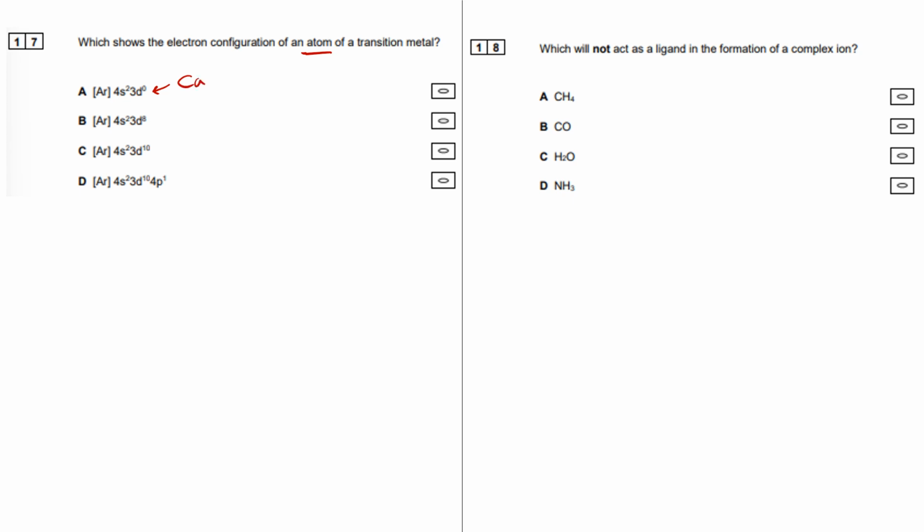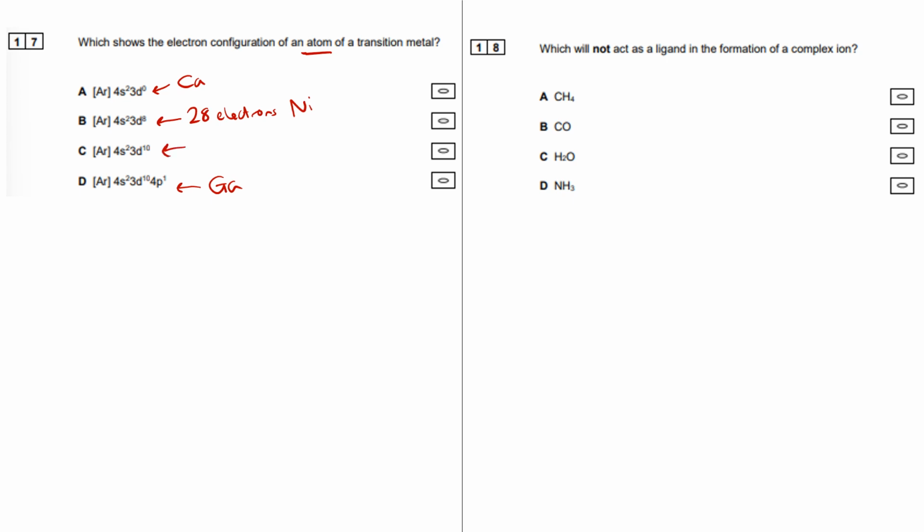And we can automatically rule out D, which is in the p block, fourth period, that is gallium, neither of which are transition metals. So transition metals exist in the d block. We've got two d block elements here. The first one has 28 electrons, that one is nickel.